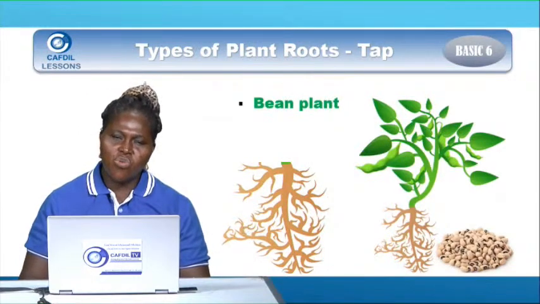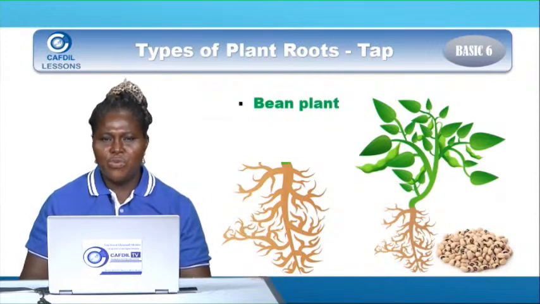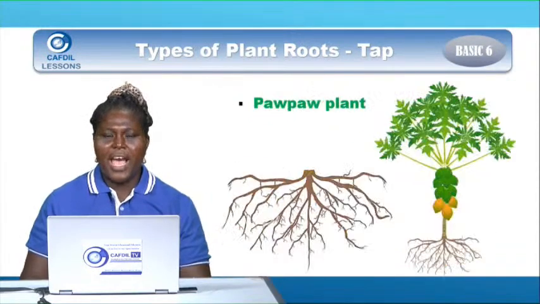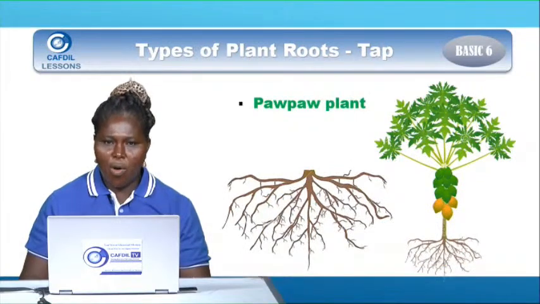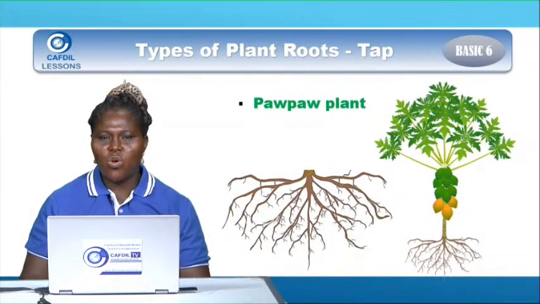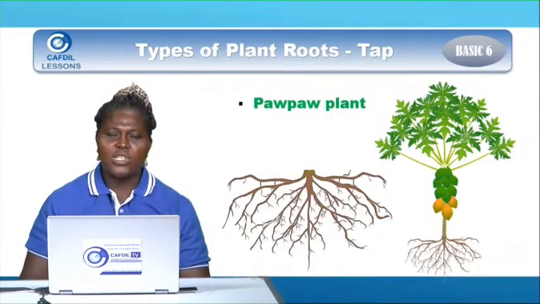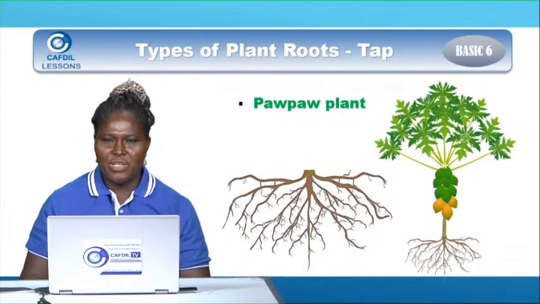And it also grows deeper into the soil. Another one is the pawpaw plant. It also has the main root, side roots, and then root hairs. And it grows deeper into the soil. Pawpaw plants.